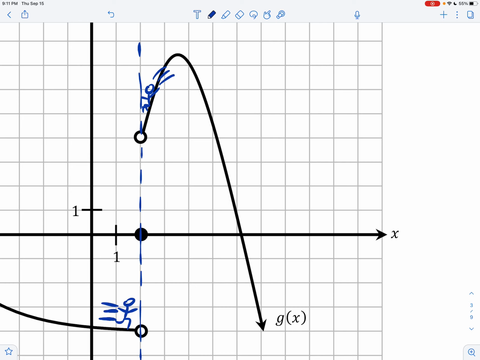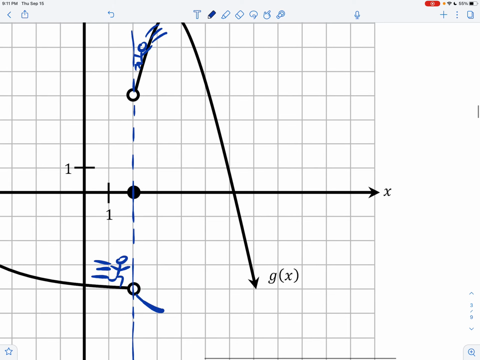On one side, it's approaching a value of negative 4. On the other side, it's approaching a value of positive 4. In the middle, we have an actual value of the function, but let's remember that the value of the function is not necessarily the same as the limit. So in this particular case, we can't say what y approaches. There's too many options. It jumps.